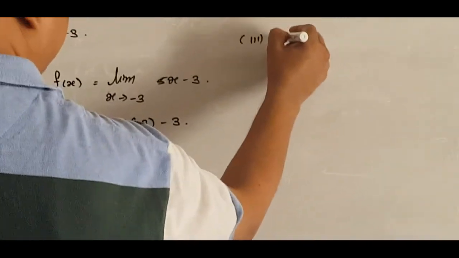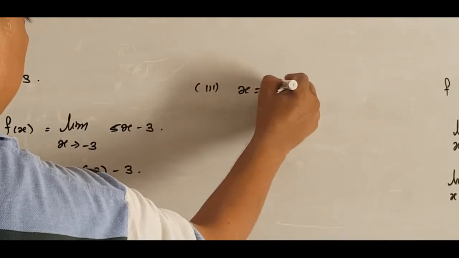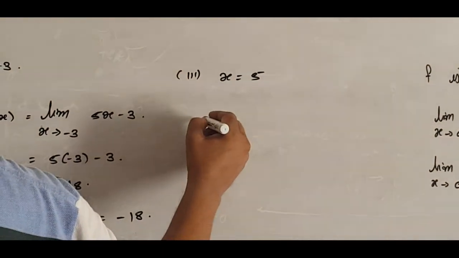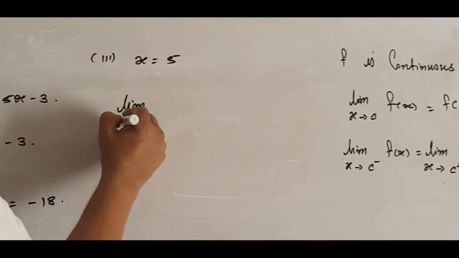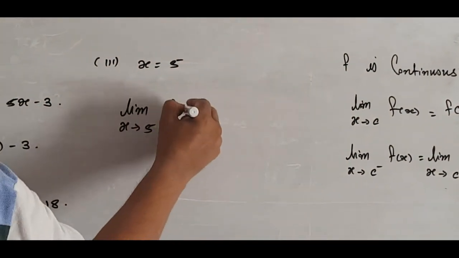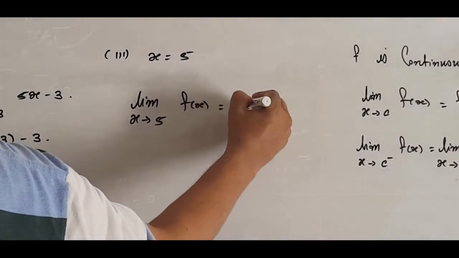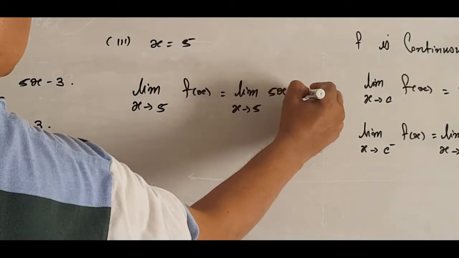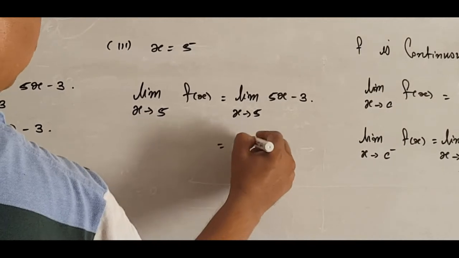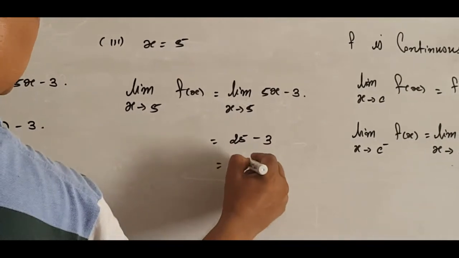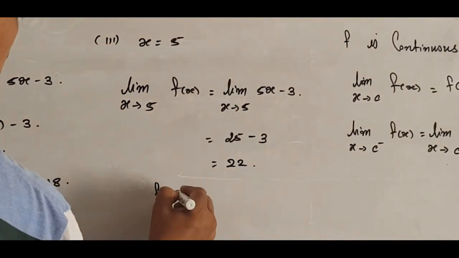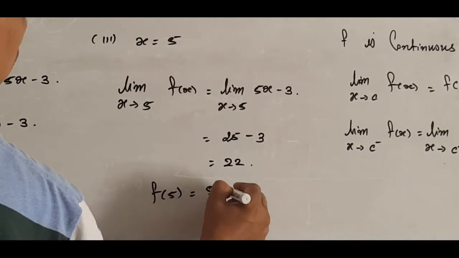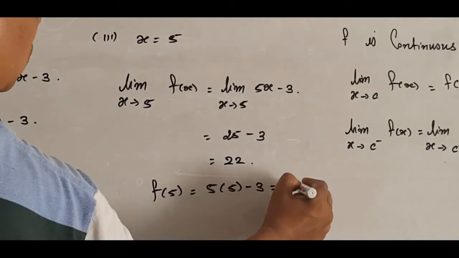Alright, for the third case, at x equal to 5. The same thing: the limit of x tends to 5, f(x), means the limit of x tends to 5 of 5x minus 3. So 5 fives are 25 minus 3 is 22. f(5) will be also the same, 5 into 5 minus 3 is 22.